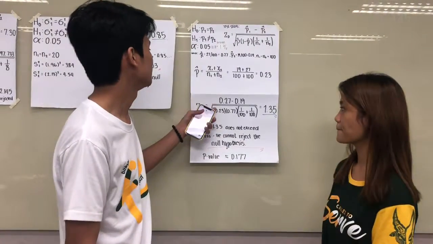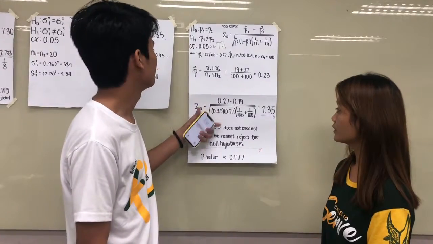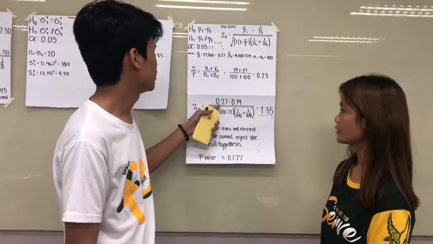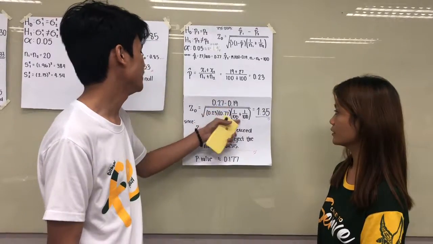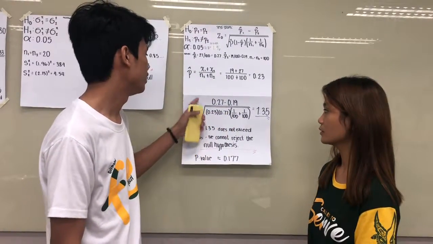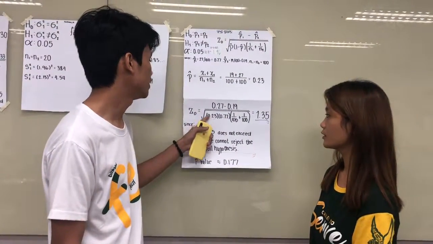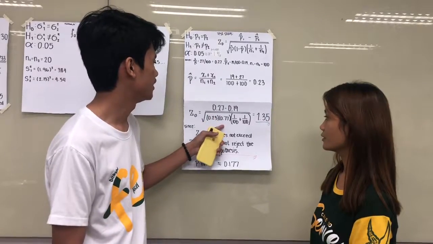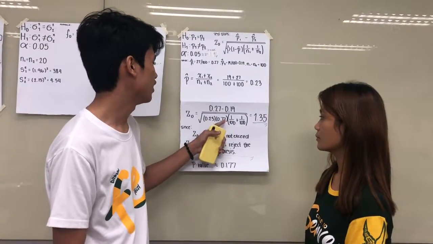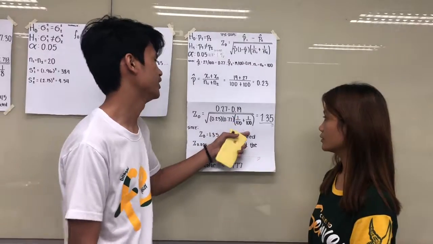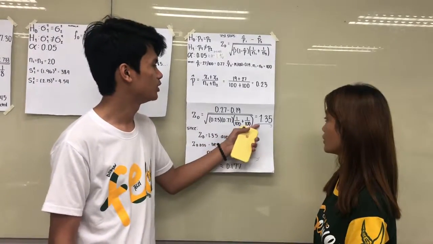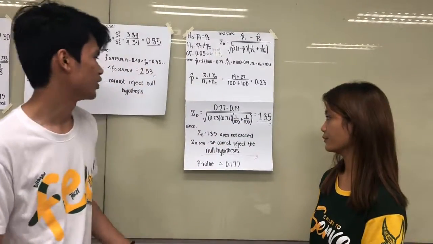By substituting, success 1 is equal to 0.27 minus 0.19 over the square root of 0.23 times 0.77 times 1 over 100 plus 1 over 100, which is equal to a 1.35 z-score.